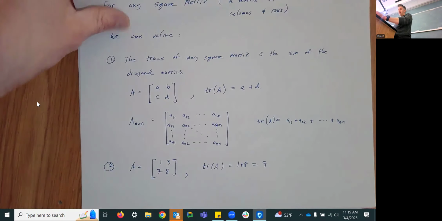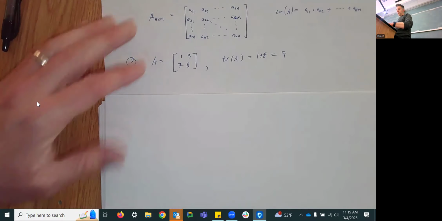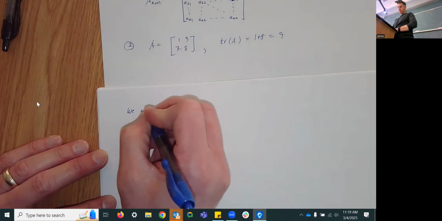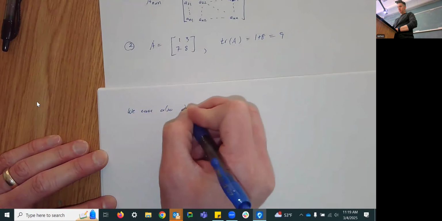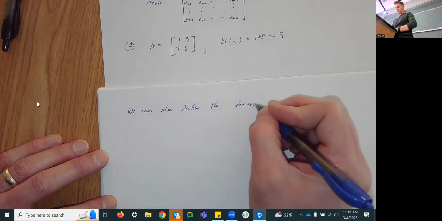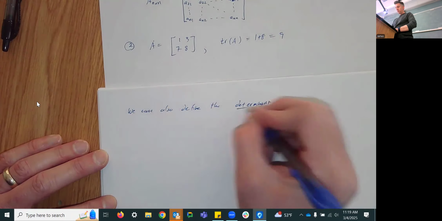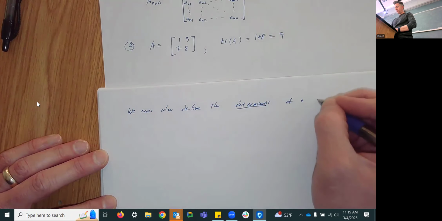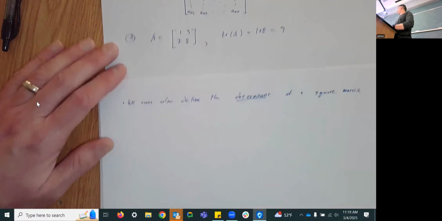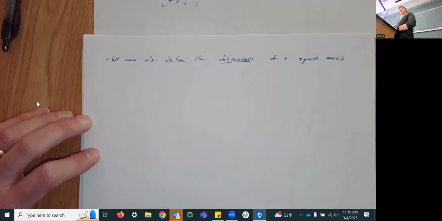Yeah, let's talk about that. We can also define the determinant of a square matrix. I don't want to make this more trouble than it needs to be. So here's what we'll say.